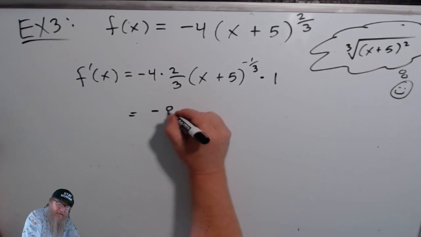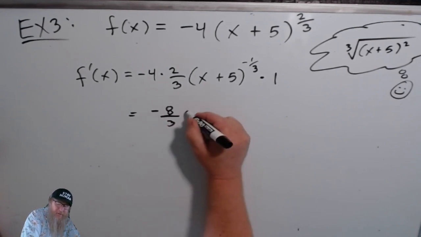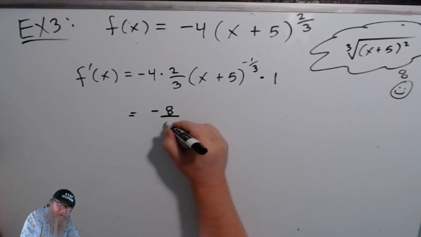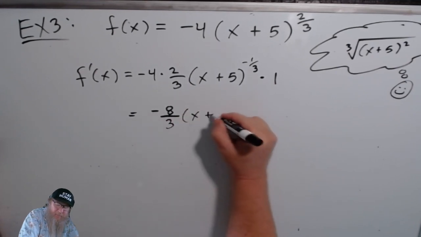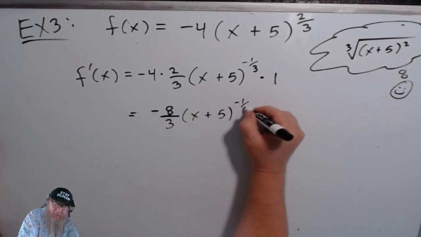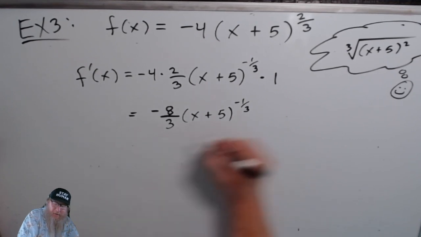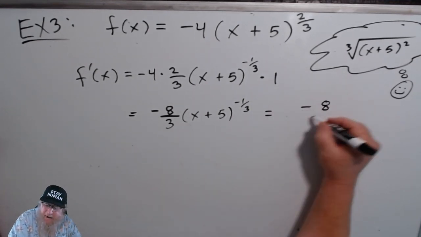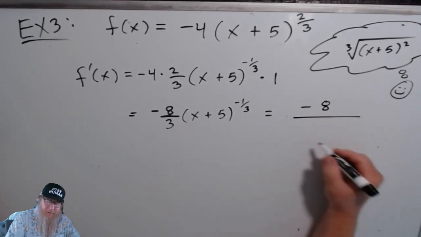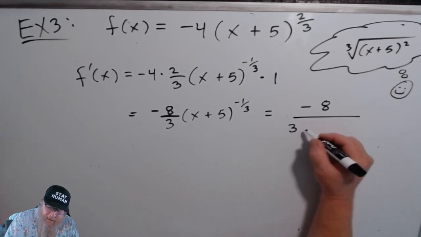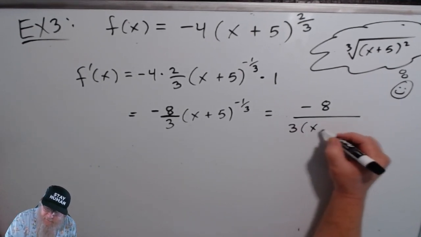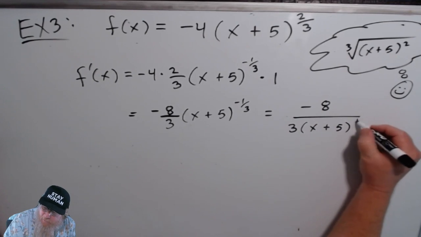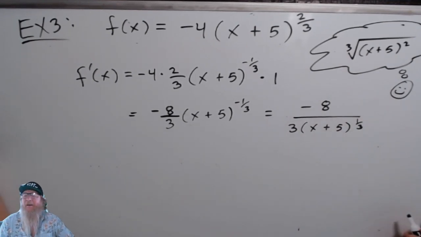So this is negative 8/3 times x plus 5 to the negative 1/3, which is negative 8 over 3 times x plus 5 to the 1/3.